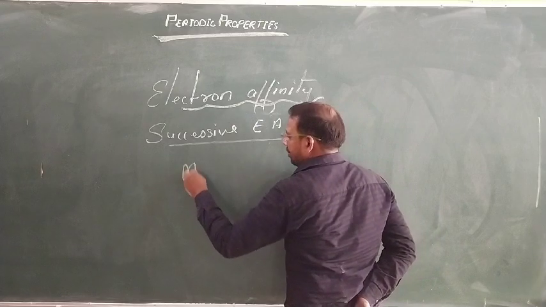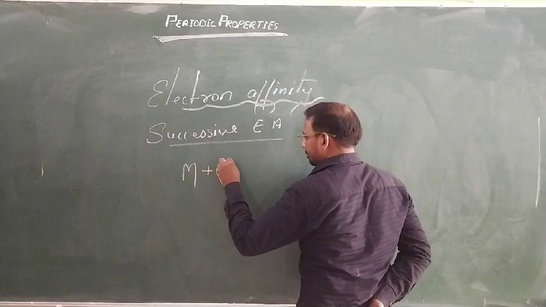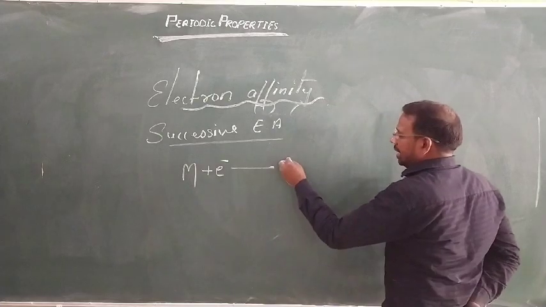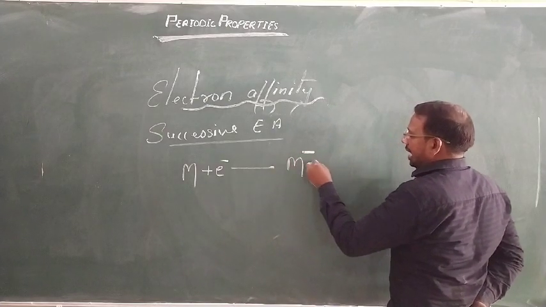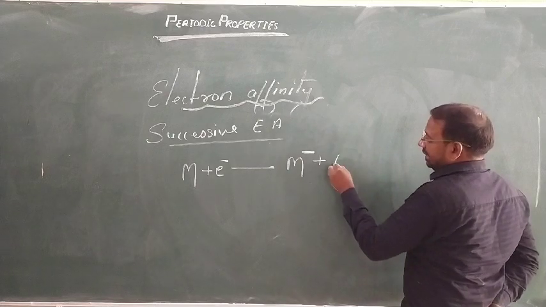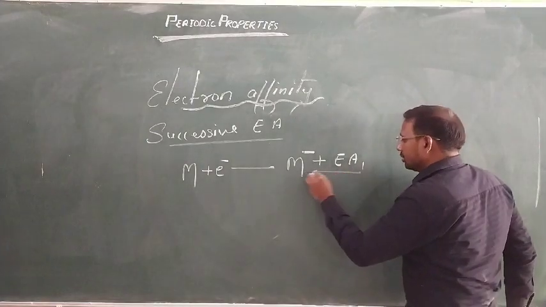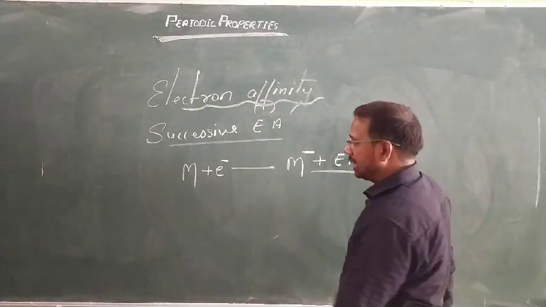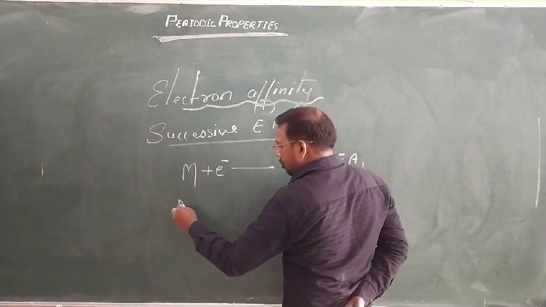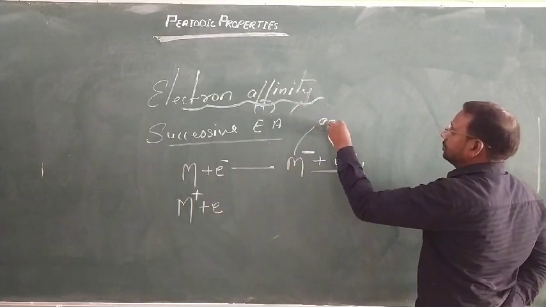Suppose M stands for the element and you are adding one electron. It will definitely give out energy, and it forms a negative charge. It means the electron affinity has a positive value because it is giving out energy. But in the case of the second electron affinity, suppose you want to add one more electron to this anion.